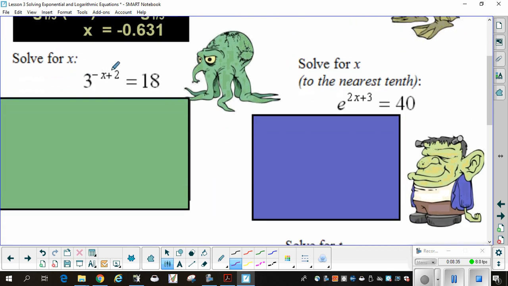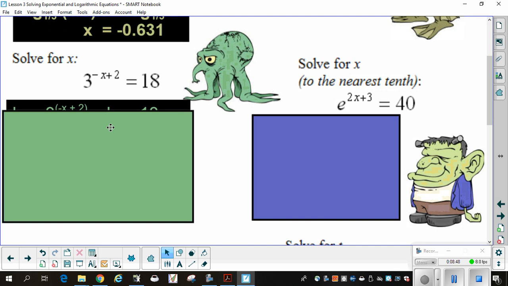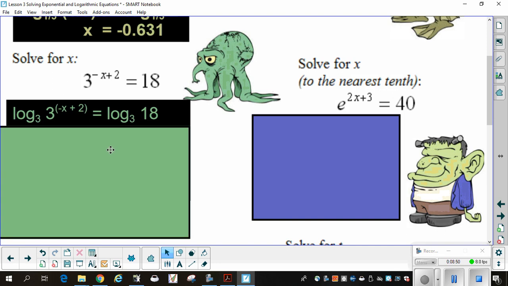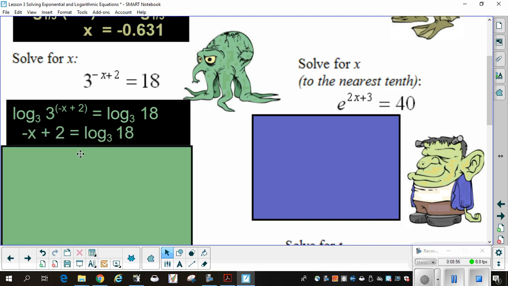3 raised to the negative x plus 2 equals 18. While 3 will go into 18 evenly, I cannot do 3 raised to a nice even power. So for this one, I will need to take the log base 3 of both sides. When I do that, the log base 3 of 3 raised to something will leave me just with the exponent. Over here, I've got this crazy constant.